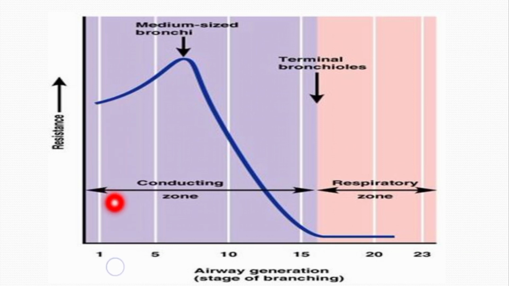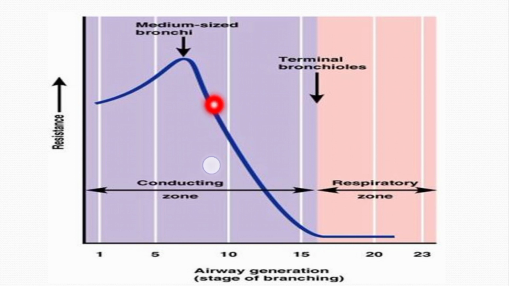This graph shows on the x-axis the number of divisions of the respiratory tract, and on the y-axis resistance to the airflow. This side almost shows the level of large size bronchi, this shows medium size bronchi, and this side shows the level of smallest bronchioles.